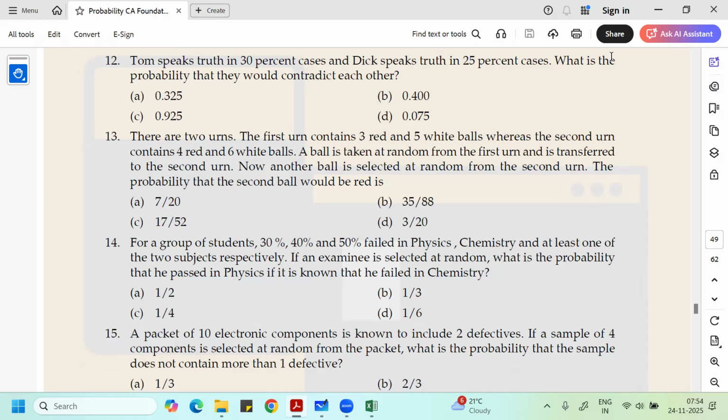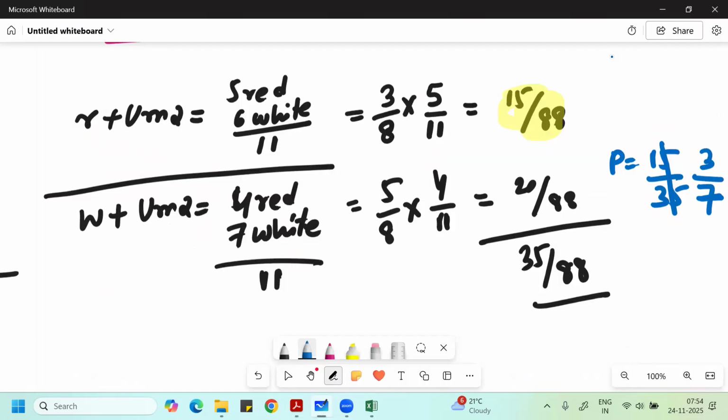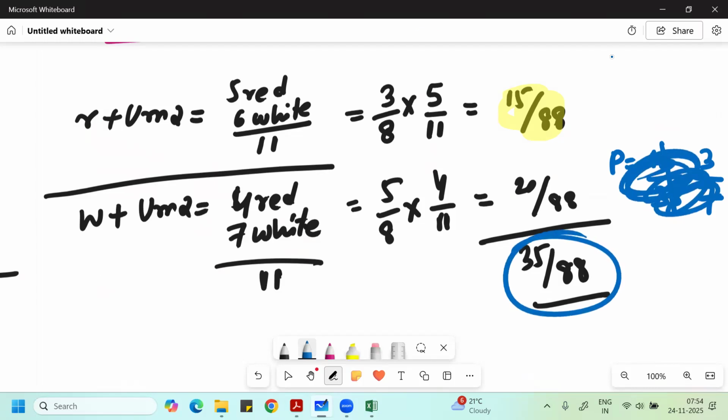So these are the two cases possible. The probability of this would be 35 by 88. What is the probability that you draw a red ball from urn 2? The answer would be 35 by 88.